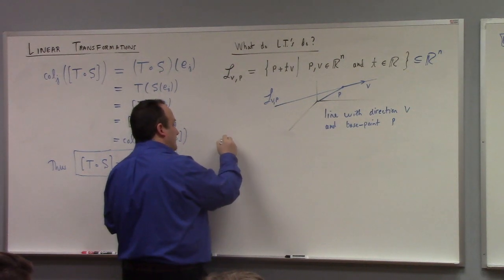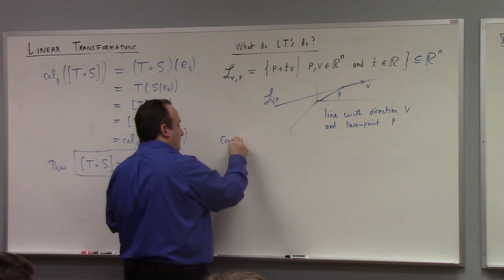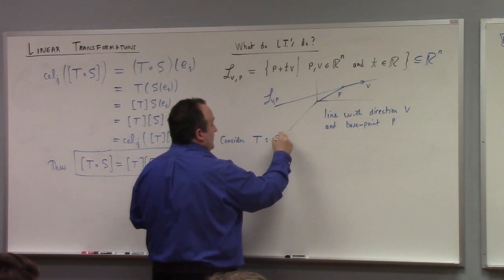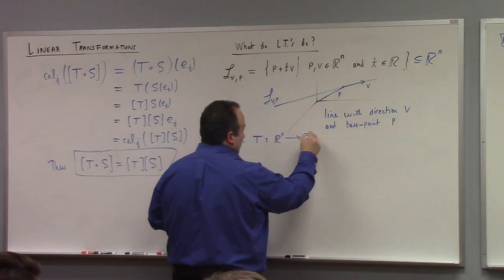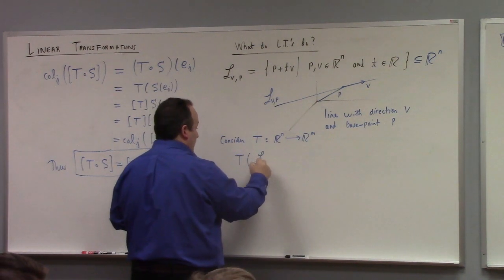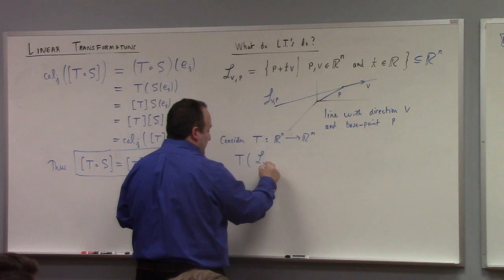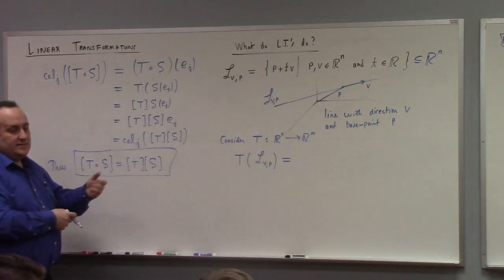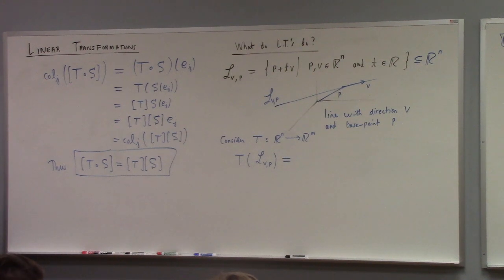So if I have T, a linear transformation from, let's say, Rn to Rm, what happens if I look at T of L of v comma p? What do I mean by that? What is T of a set? Maybe you haven't thought about this before. What does it mean to take a set of values and feed it to a function? How should we understand that?